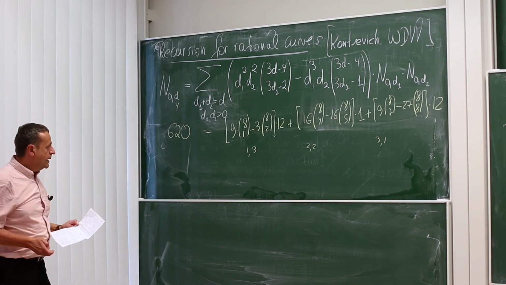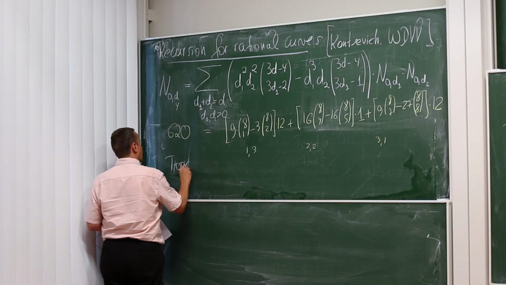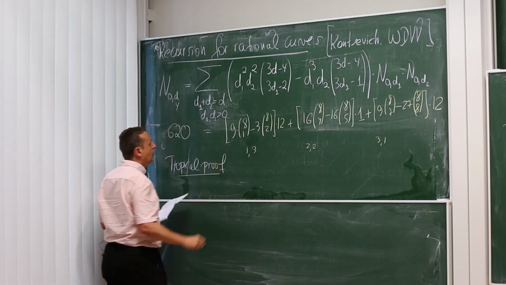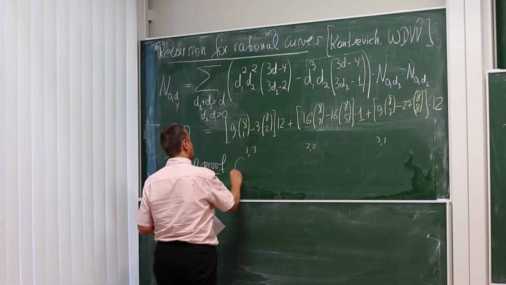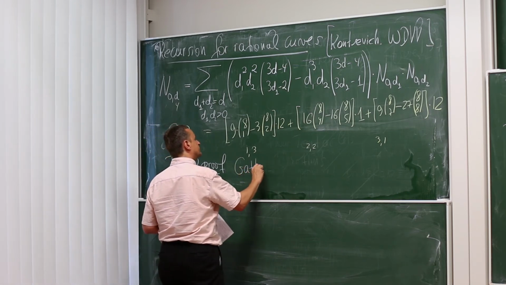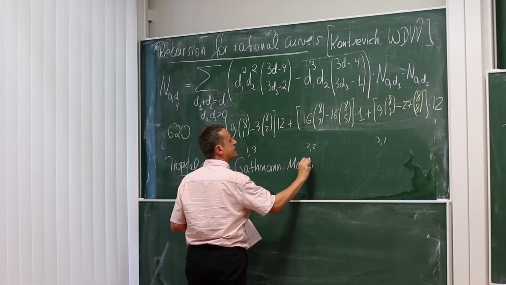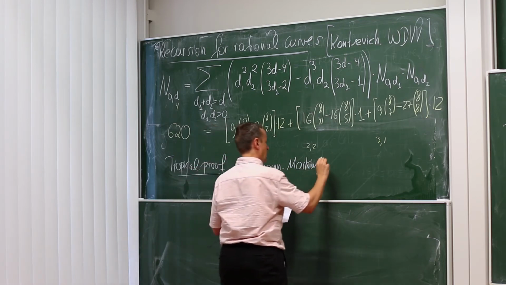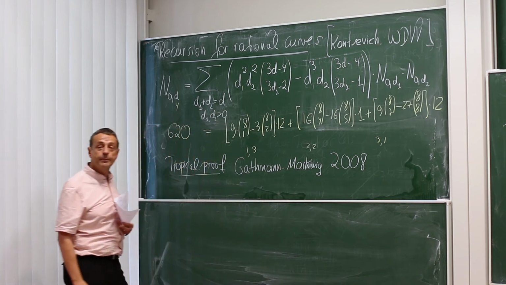Okay? Now why is that nice? Well, this is actually the recipe for a tropical proof. So this was proved before by Kontsevich, but a remarkable paper is due to Gathmann and Markwig. So Andreas Gathmann and Hannah Markwig in 2008 gave a tropical proof.